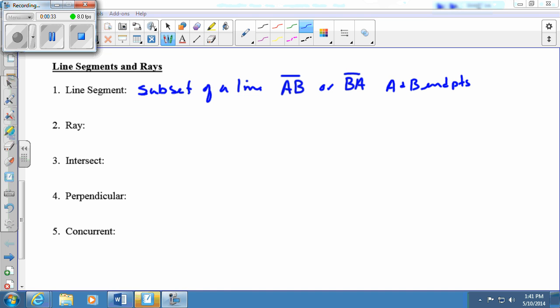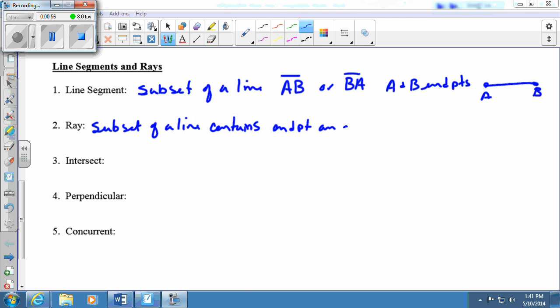So what it would look like is such, where A and B are the endpoints of the line segment. A ray is also a subset of a line. But the difference is that it contains an endpoint and all other points.